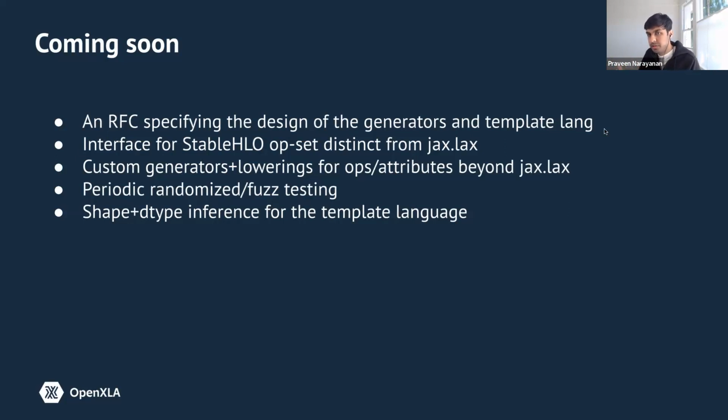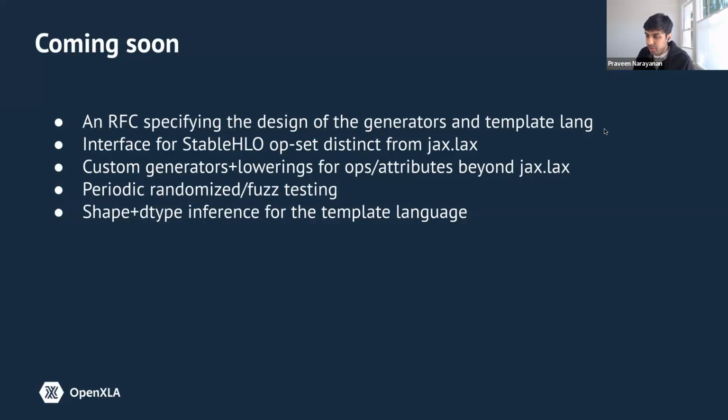So I mentioned that the tool generates valid HLO and StableHLO programs, and today that's easy for us to do because we're sitting on top of JAX, and JAX is already natively lowering to StableHLO.